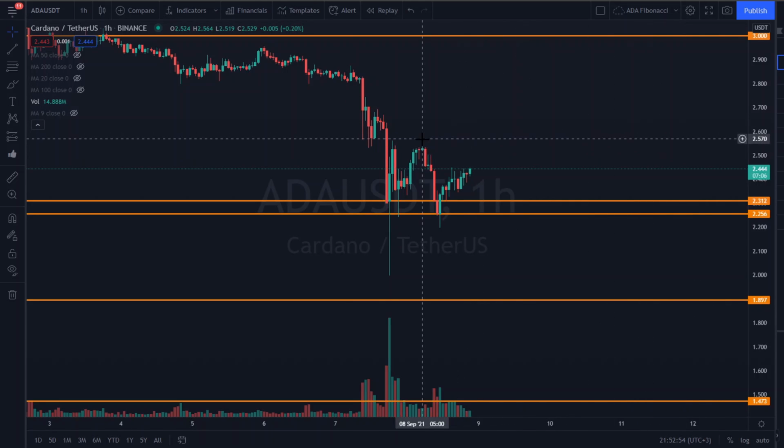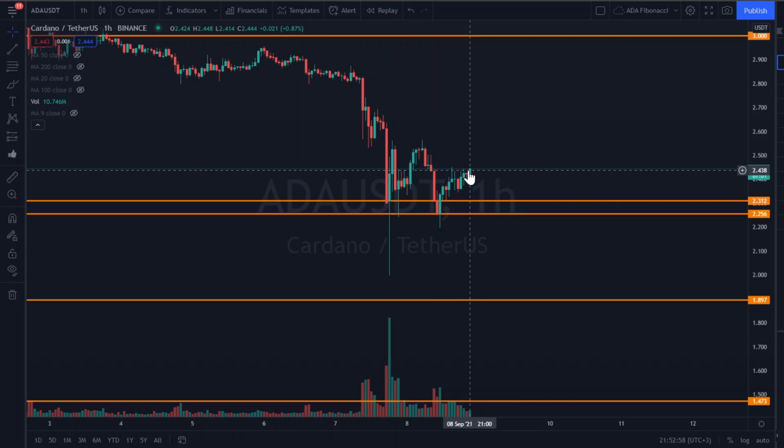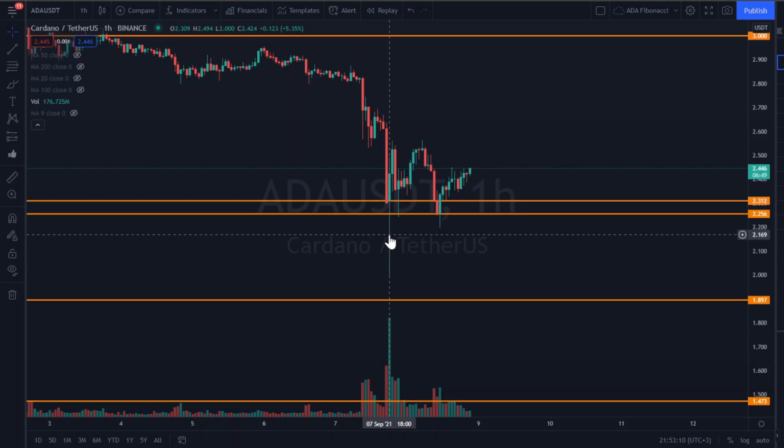But if we look at this chart, we are forming lower highs, not necessarily a lower low, but if we don't look at this long wick, which I generally don't like to look at if the wick is way too long, we could say that this is also a lower low.